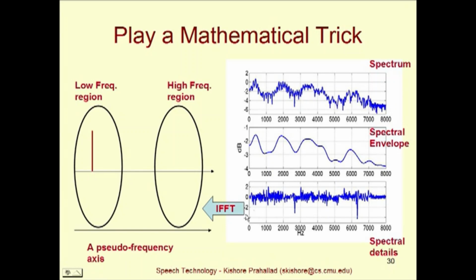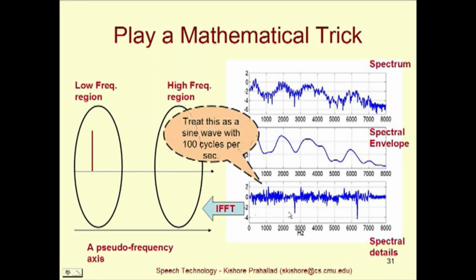Let's say we want to take IFFT of this signal. If you see here, this is a fluctuating, highly varying signal. Let's say there are about 100 cycles per second here, so let's treat this as a sine wave. Because this is a highly varying or fluctuating signal, we said 100 cycles.